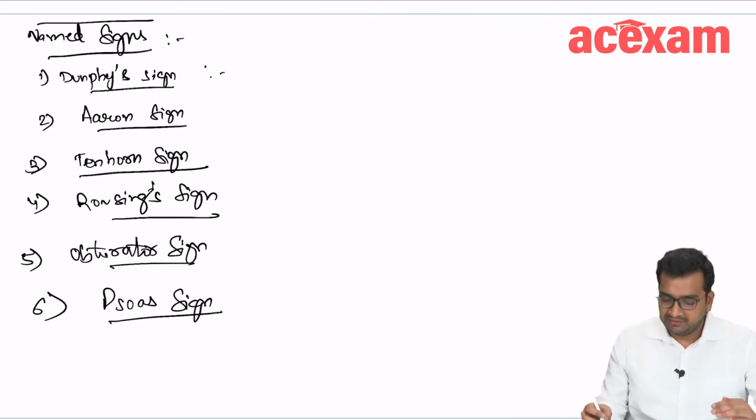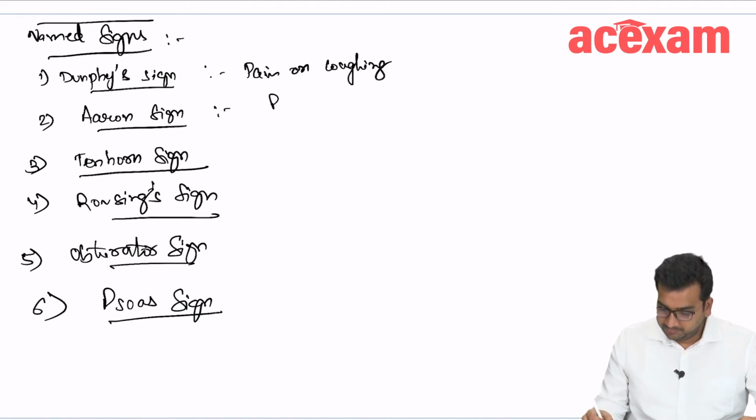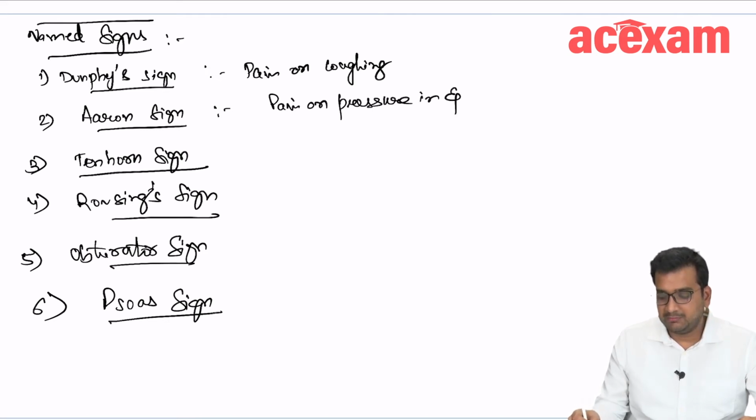So whenever a patient is coughing, pain on coughing is Dunphy's sign. Pain on pressure in the epigastrium: whenever we are giving pressure in the epigastrium, at that time if there is pain, it is Aaron sign.